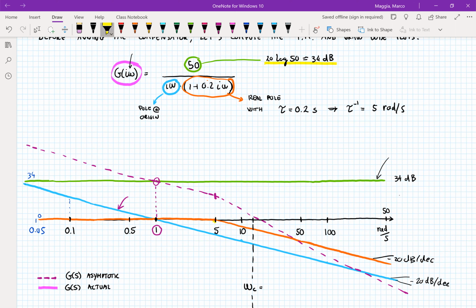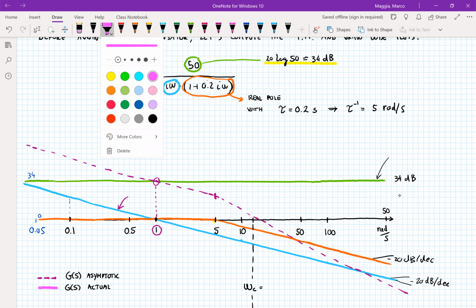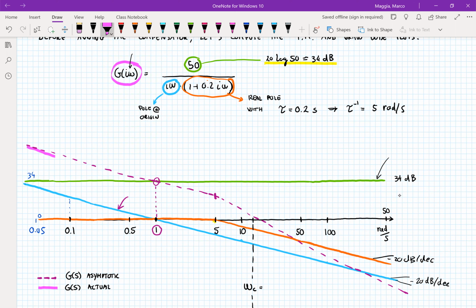All right, and so if we want to smooth things down, the actual plot looks, oops, well, this is not like this.